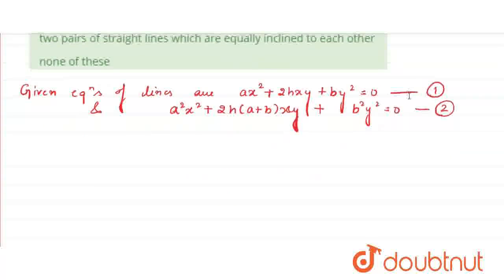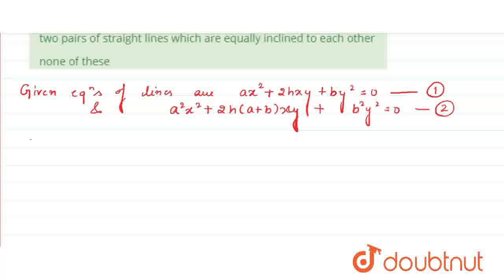Now, the first equation is basically the general equation of lines. If we have to find what kind of lines these are, first we need to find the equation of the bisector of their angle, what kind of angle is basically between them.